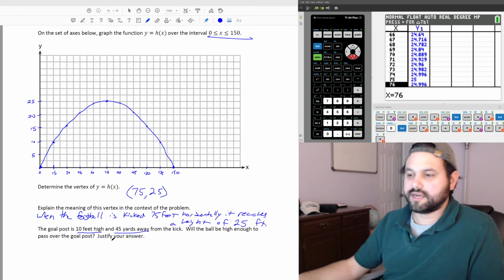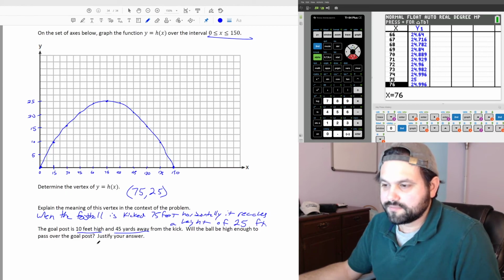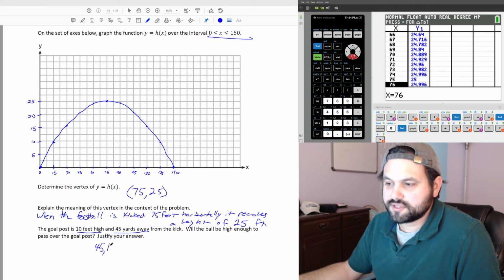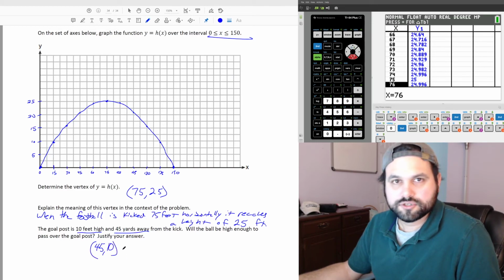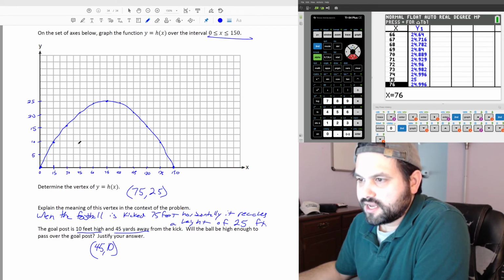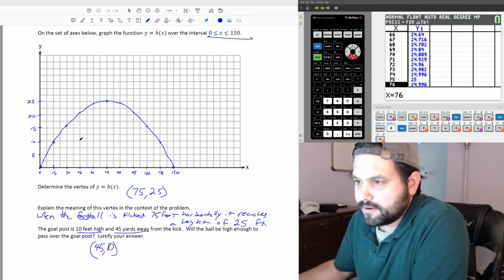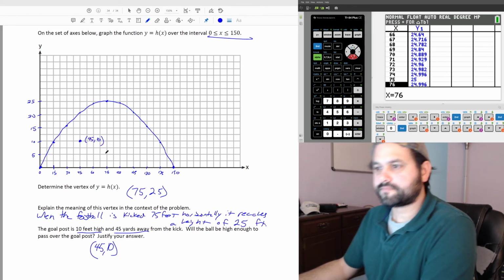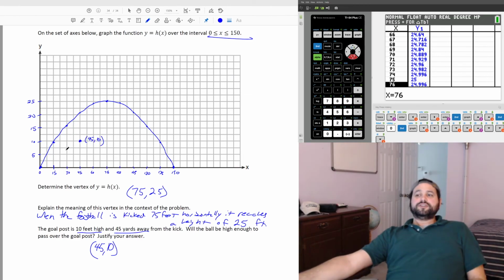Well, x is horizontal, so that's going to be 45. 10 is our vertical, so that's our y. So where would this point be on our graph? 45, 10 would be right here, right?